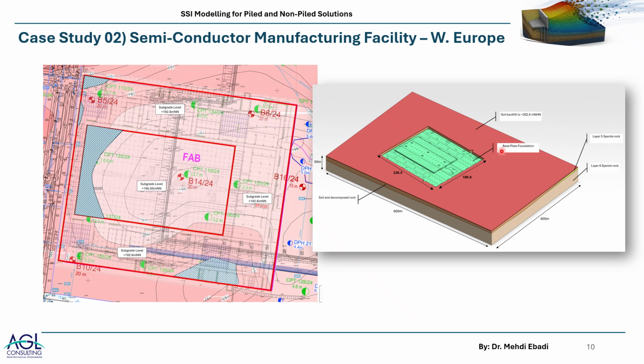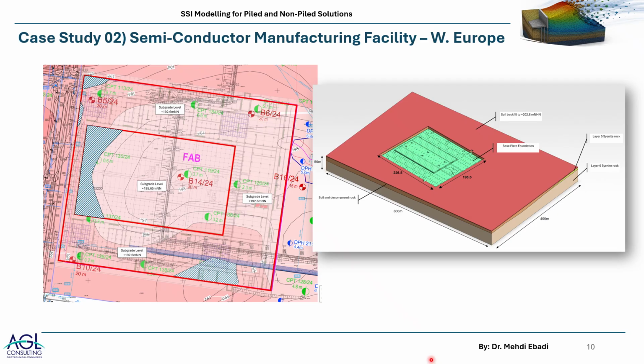So the dimensions of the model that we have considered were 600 meters in 400 meters. So it was quite a big model in terms of comparable real sizes. And the stratigraphy in the area included different layers of syenite rock.